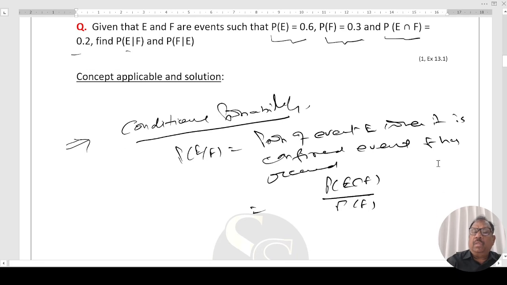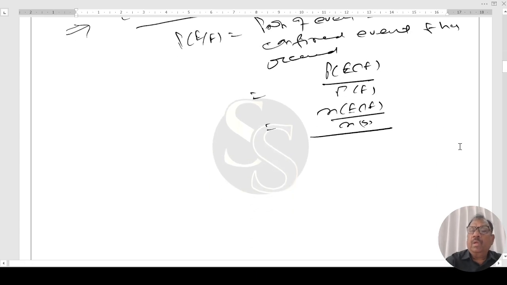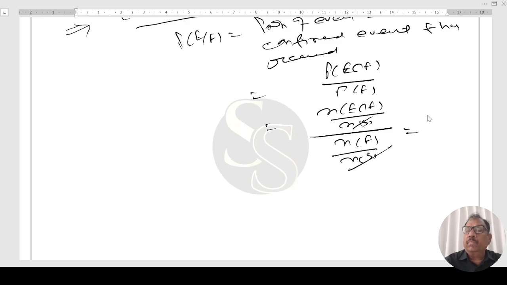Right? That is n(E intersection F) upon n(S) divided by n(F) divided by n(S). This we can write as n(E intersection F) upon n(F) also.